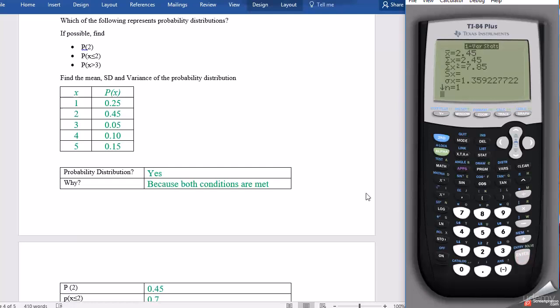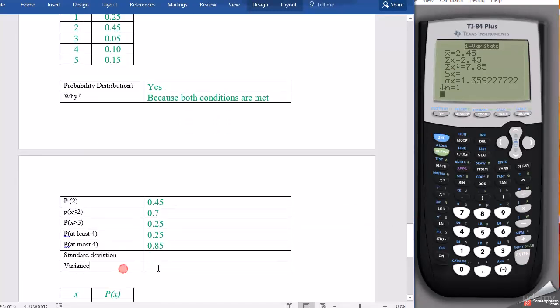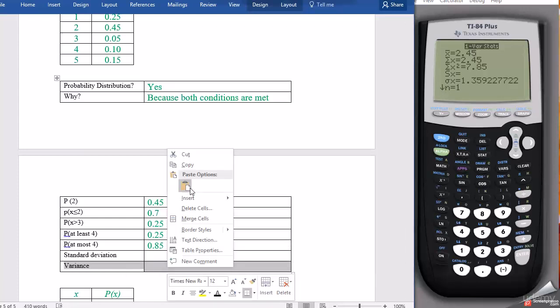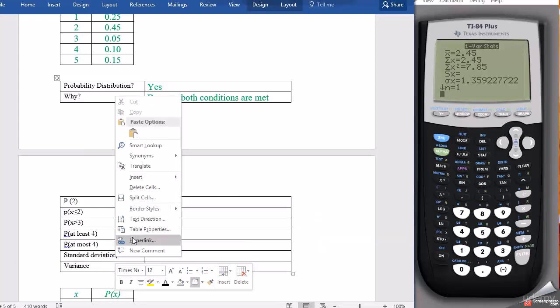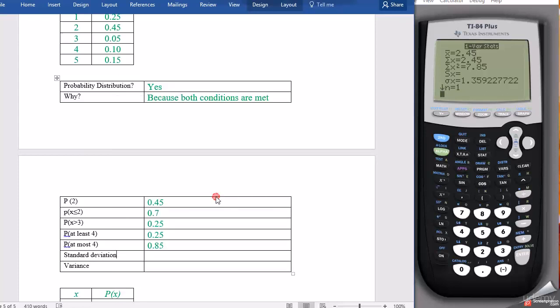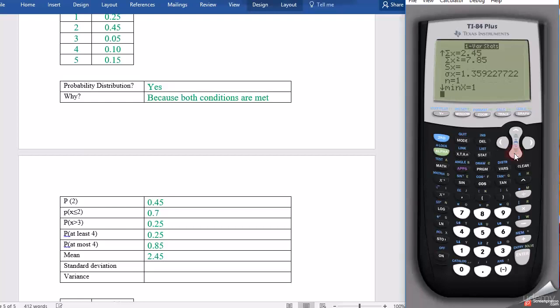Let's add a row above and call it mean. The mean in this case is 2.45. For the standard deviation, you can see that there's no sample standard deviation, we only have the population standard deviation.